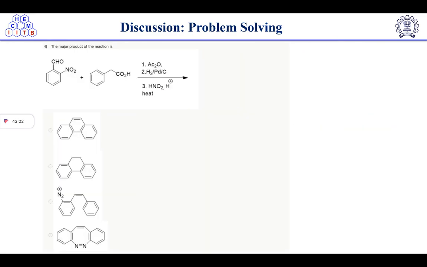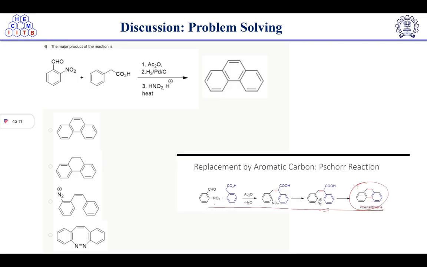The major product of the reaction is, till now we were doing the amine to diazo conversion. Okay? But here we have been given the nitro group. So have you seen any reaction where the nitro to aniline, amine conversion is there?